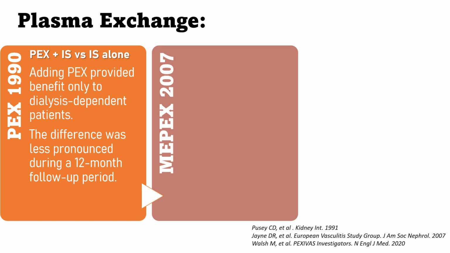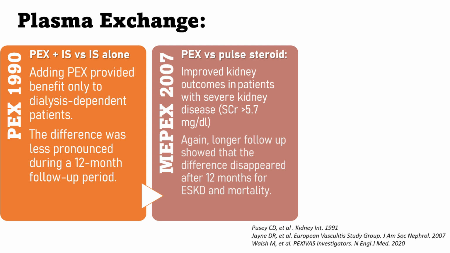Then we have the MEPEX trial in 2007. They compared plasma exchange versus pulse steroid, and found an improved kidney outcome in patients with severe kidney disease with serum creatinine more than 5.7. Again, longer follow-up showed that this difference disappeared after 12 months for end-stage kidney disease and mortality.